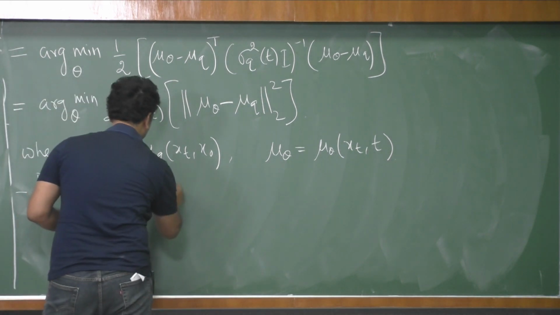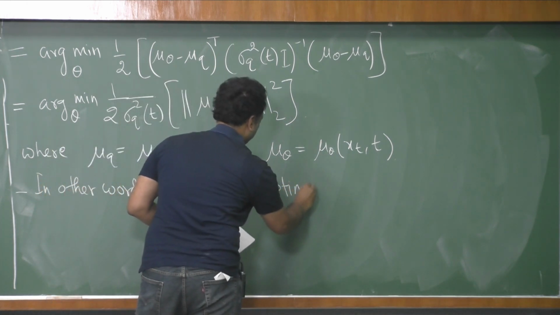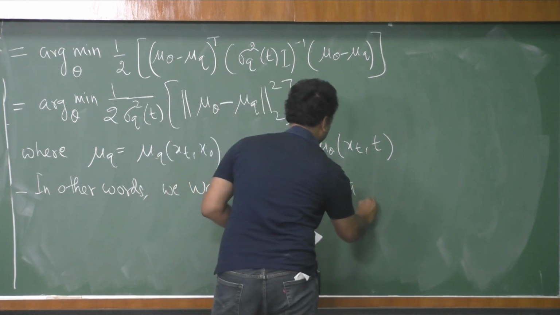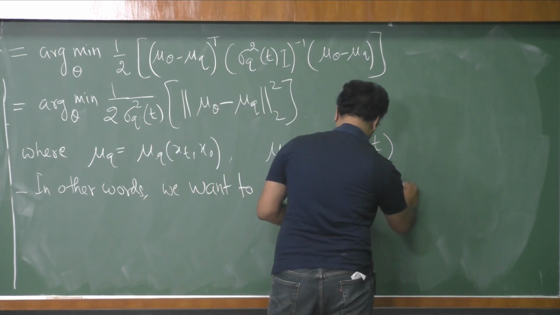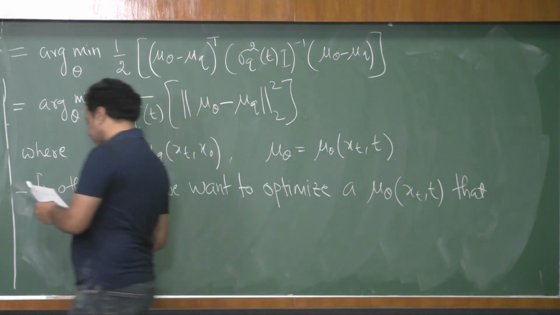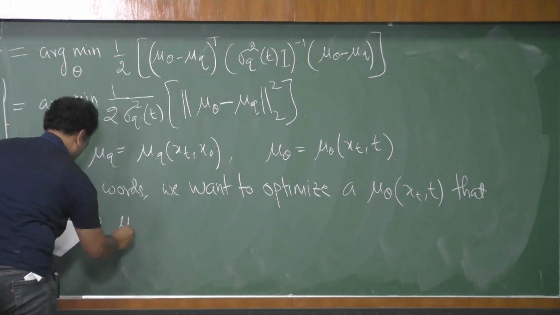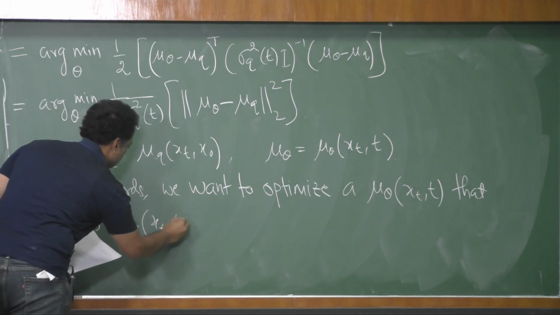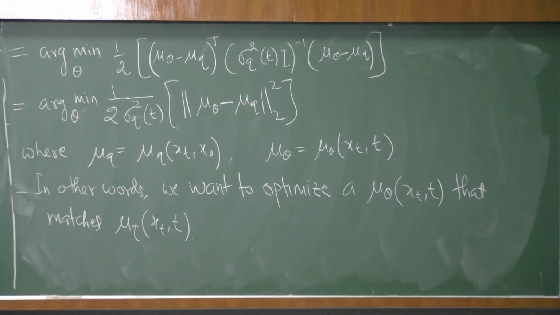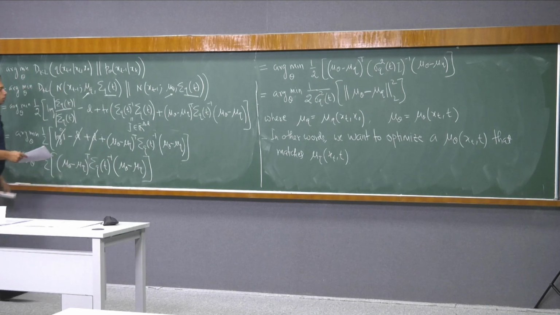In other words, in text, we just want to write this down. We want to optimize a mu theta of xt and t that matches mu q of xt and x naught. That's what we want. Now we recall the mu q that we derived in the last class, and then we will see what could be a good choice for mu theta.